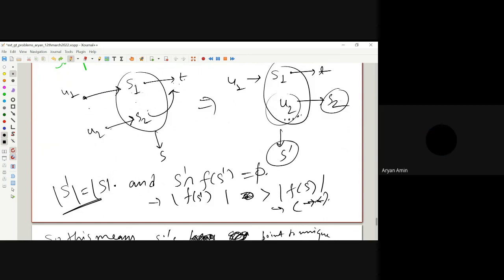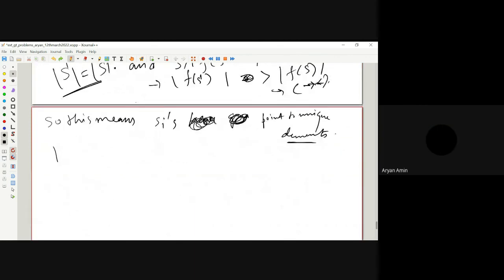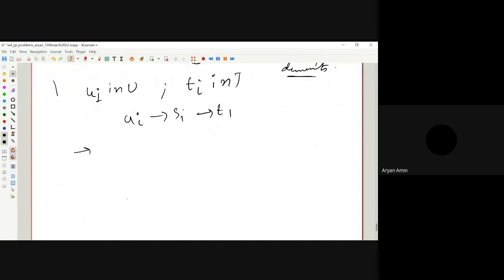So basically, if you have a Ui in U, you can find a Ti in T by something like Ui goes to Si goes to Ti, right? So this directly implies that there is an injective function. So f acts like an injective function between U and T, right?